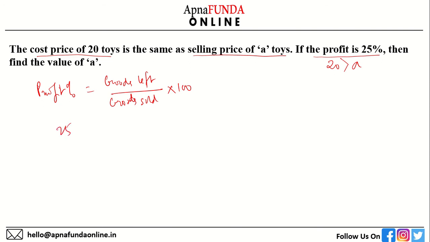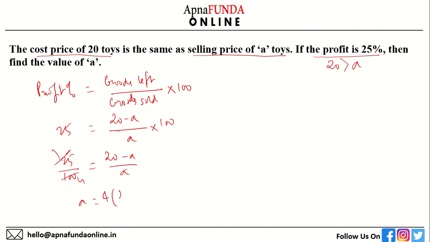Now let's proceed with the formula itself. Profit percent is 25. Goods left, let's say 20 minus A, correct? Goods sold is A, into 100. Now let's just solve for A. That is what we want to find. So 25 by 100 is equal to 20 minus A by A. So A is equal to 4 into 20 minus A, correct?